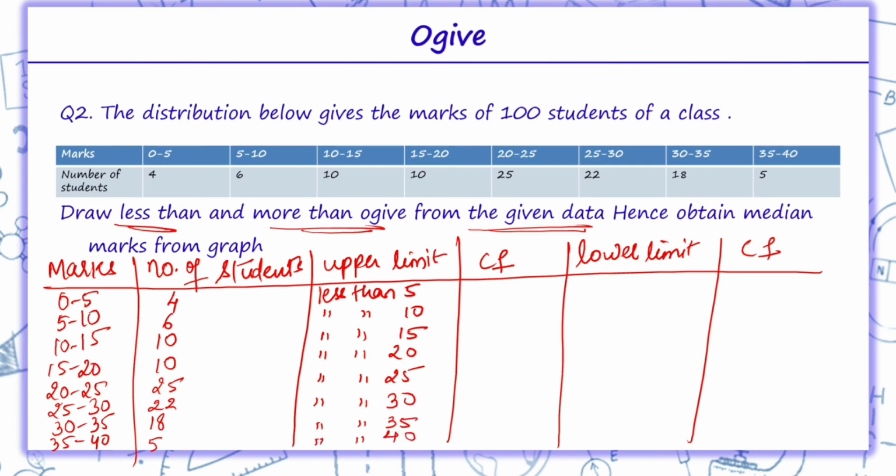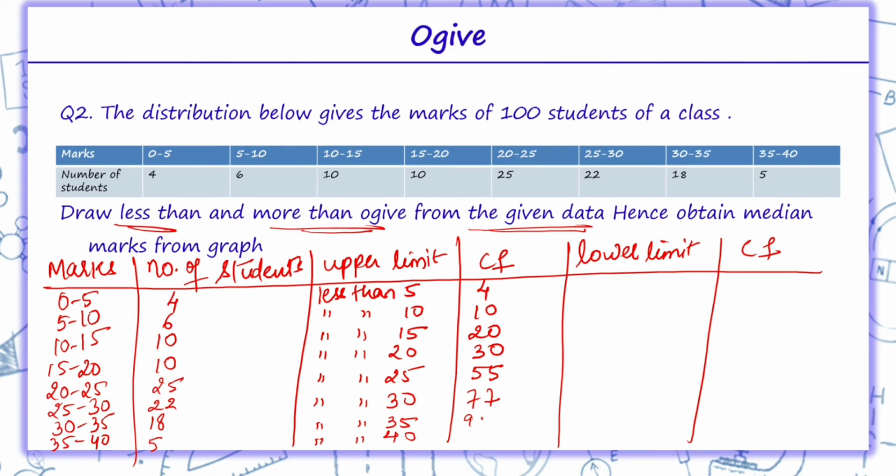So corresponding to this we will write cumulative frequencies. Less than 5 is 4 only, so I will write 4 here. Less than 10, 4 plus 6, which will be 10. Less than 15, 10 plus 10, it is 20. Less than 20, it will be 20 plus 10, 30. Then 30 plus 25, 55. Then 55 plus 22, 77.